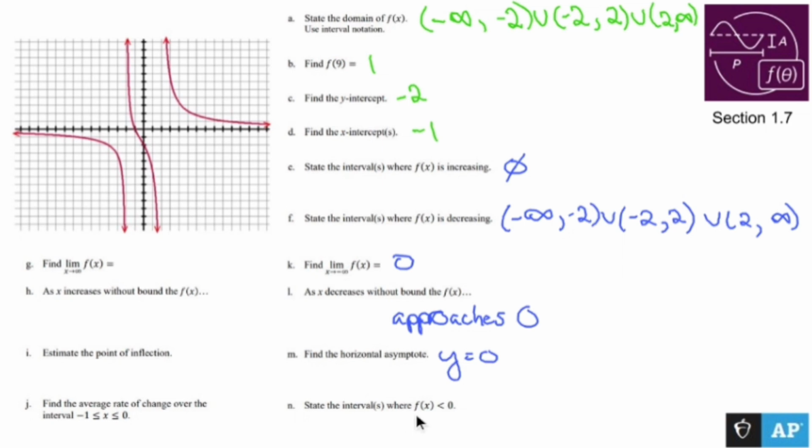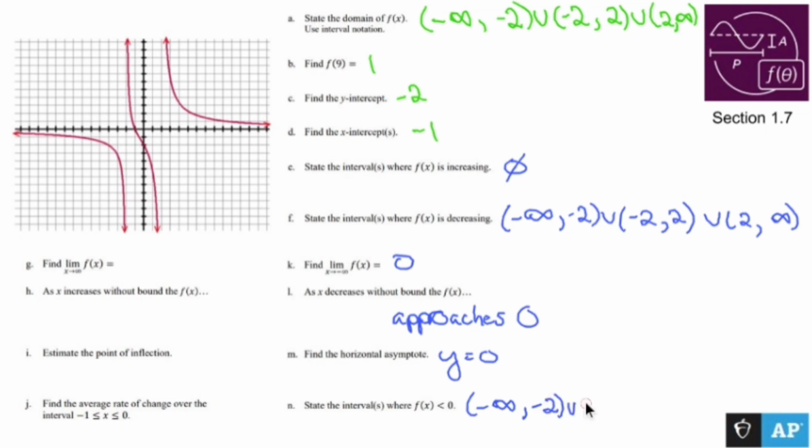State the intervals where f of x is less than 0. In other words, where my graph is underneath the x-axis. Well, it's underneath the x-axis all the time so far, and then it stops at -2. So from -infinity to -2 is where it's underneath the x-axis. And then it reappears above the x-axis and hits the x-axis at -1.